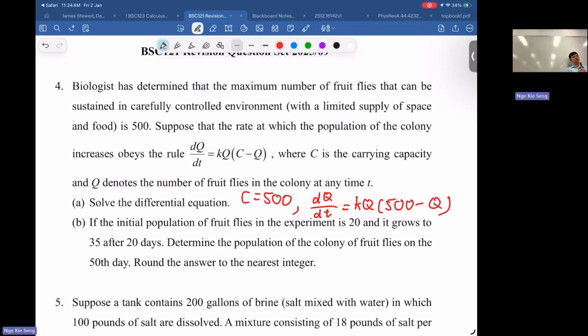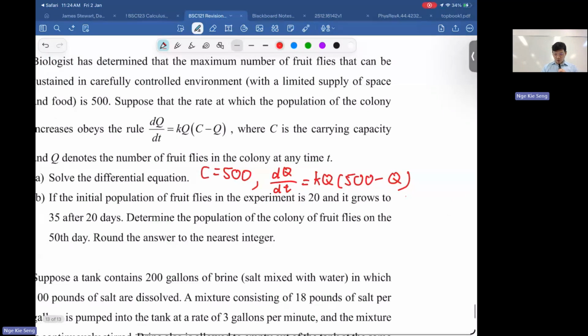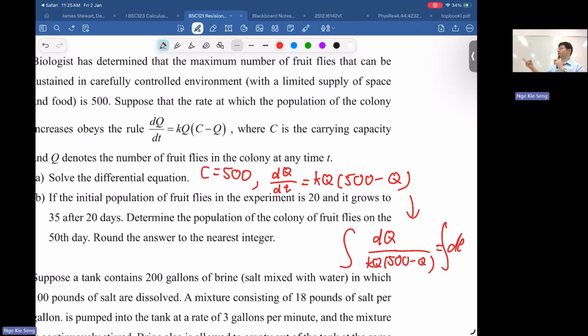One way is you just solve it like a normal differential equation, meaning you do your separable equation and then solve it. You know how to solve this separable equation?